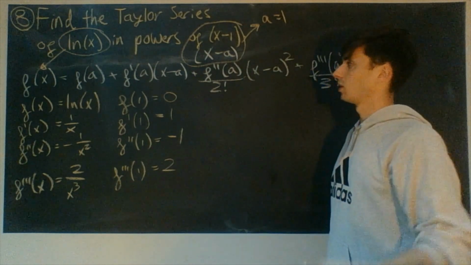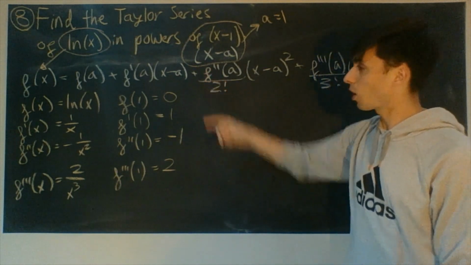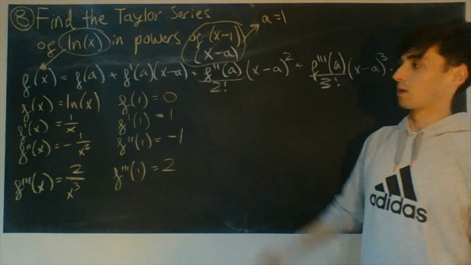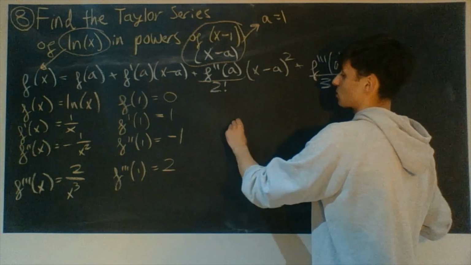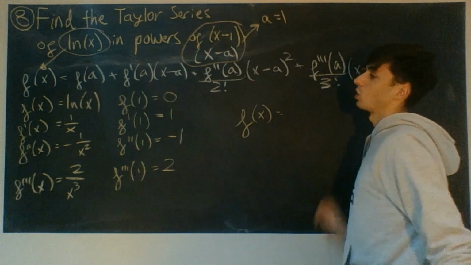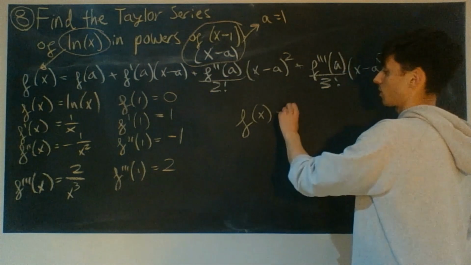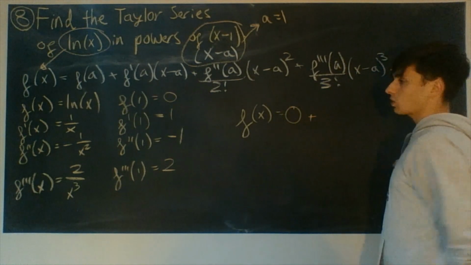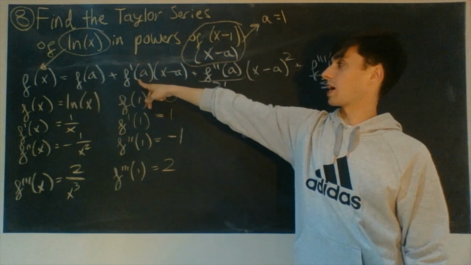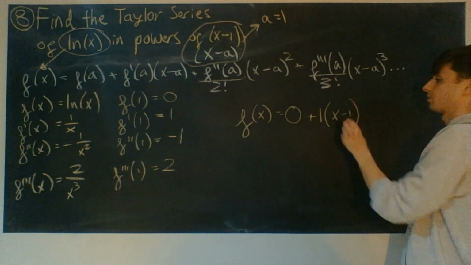Great, well these are the coefficients that are going to go into our Taylor series, and we just need to be mindful we don't forget the factorials. It's a really easy mistake to make, forgetting those. When we write out our Taylor series, we should have f of x, or our ln x, is going to be f of a, well that's 0 first of all, plus f dash at 1 is just 1, so that's the 1 that's going to go here: 1 brackets x minus 1.